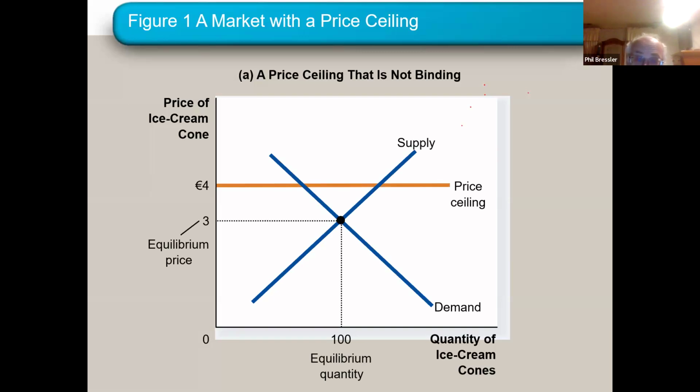You could sell gas for $4 a gallon. If the equilibrium price is $3 a gallon, people are selling it for less anyhow. If it is non-binding like that, you just pretend that it's not there, and the price is 3, the equilibrium is 100, quantity supplied is 100, quantity demanded is 100.